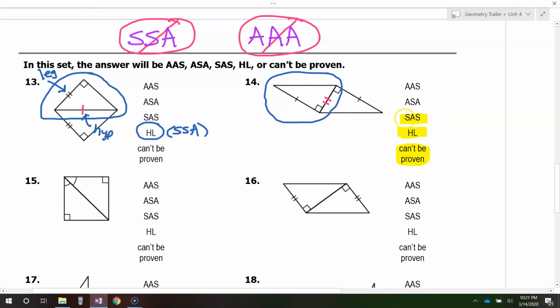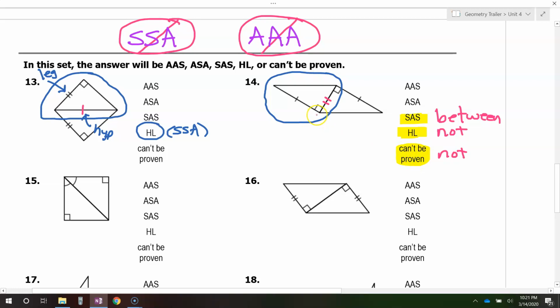Well, if the angle is between the two sides, then that's when it's going to be this one. If I have the angle between, that's when it's going to be this one. Okay, if it's not between, then it's going to be this one if it's a right triangle, and it'll be this one if it's not a right triangle.